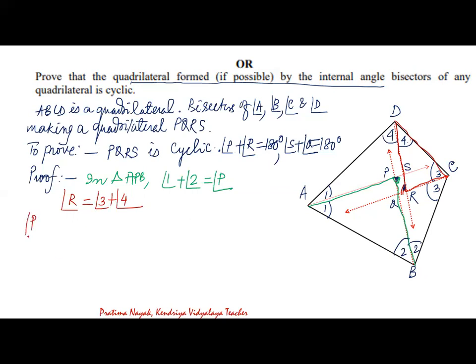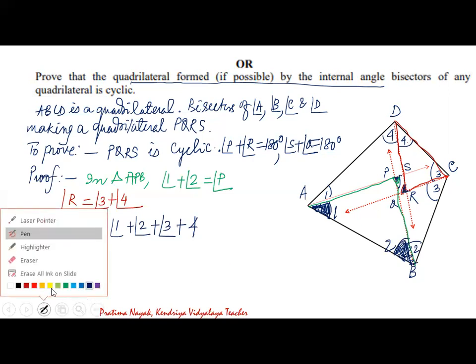Now I'm adding angle P plus angle R. So how much will it be? It will be angle 1 plus 2 plus angle 3 plus angle 4. 1 plus 2 gives you P. I'm writing again, 1 plus 2, sum is equal to P. Similarly, R is equal to 3 plus 4.